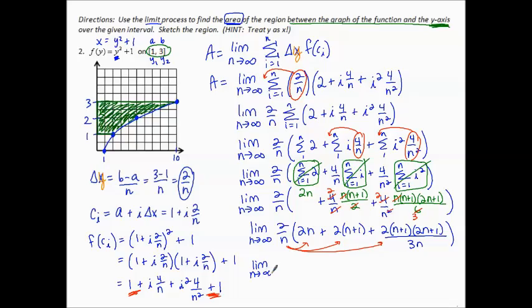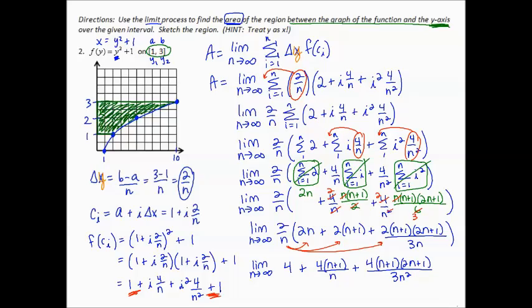Now it looks like we're running out of room, but we're almost done. 2 over n times 2n, these n's cancel out to leave us with 4, plus 2 times 2 for 4, n plus 1 with an n in the denominator, plus 2 times 2, again for 4, n plus 1, 2n plus 1. And then the denominator, this n gets multiplied to that 3n for 3n squared.